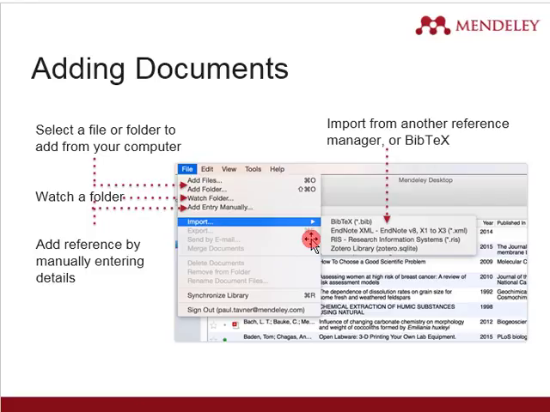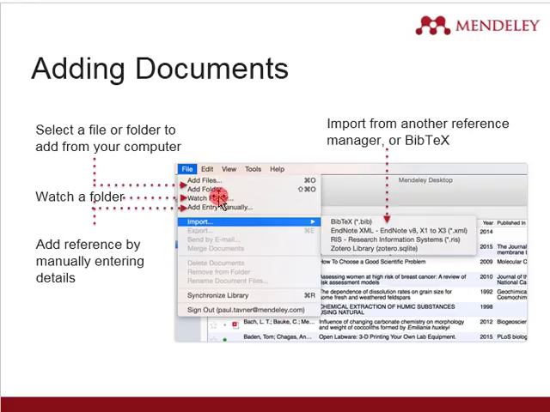Now the question is how you can add the document to your library. So this is the desktop overview, and here you can see that there are some options given. The first one is add file, which helps you to add the file from your computer to your library.